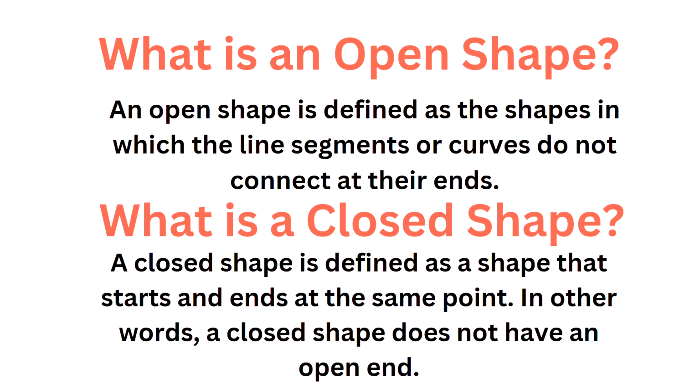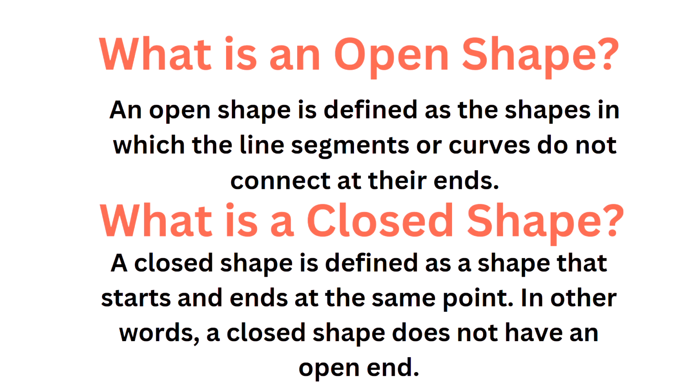So what is a closed shape? A closed shape is defined as a shape that starts and ends at the same point. In other words, a closed shape does not have an open end. So in a closed shape, its starting and ending points are always the same and it does not have open ends.